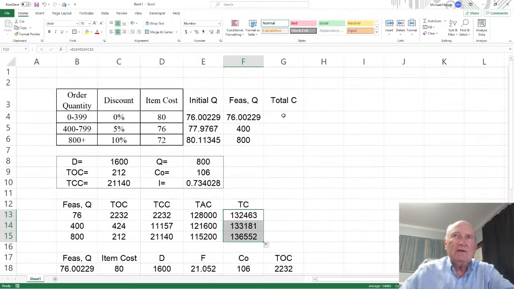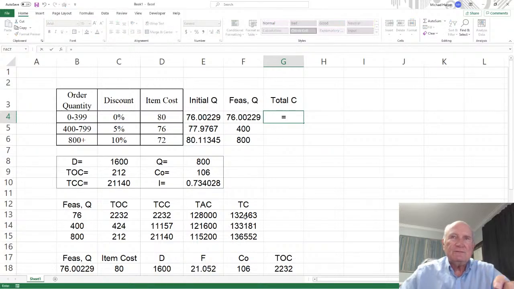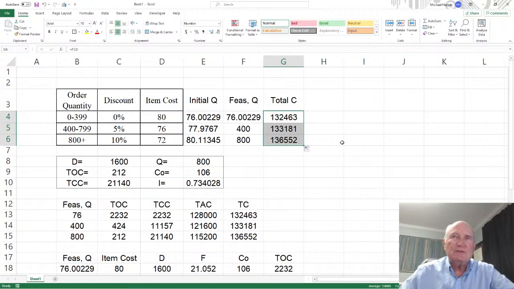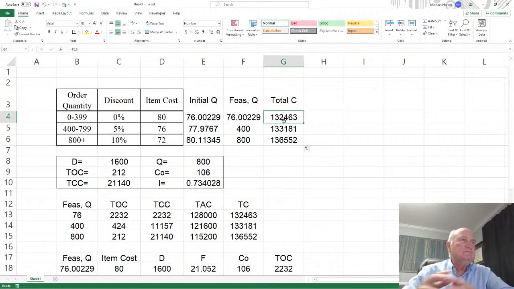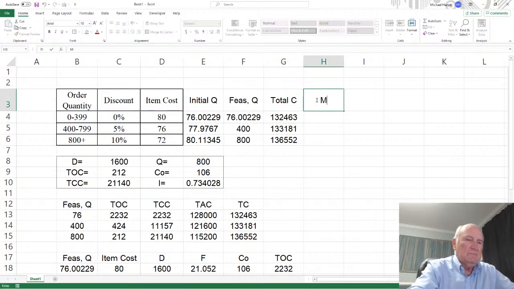And this right here is going to equal this. So the question is, which one's the minimum? It's obvious here: 132, 133, 130. Well, this is the minimum. So let me just say minimum.